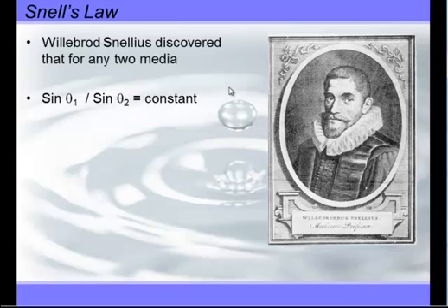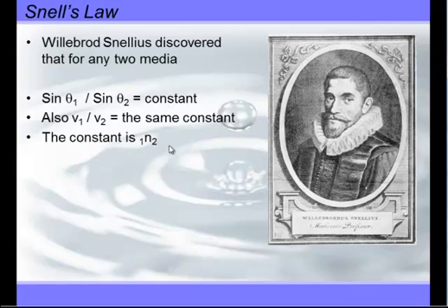It was also discovered that the velocity of light in the first medium divided by the velocity of light in the second medium is also equal to the same constant. This constant, for now, we're going to recognise as 1n2, showing that we're going from medium 1 into medium 2. So it's a boundary condition dependent on the two mediums.